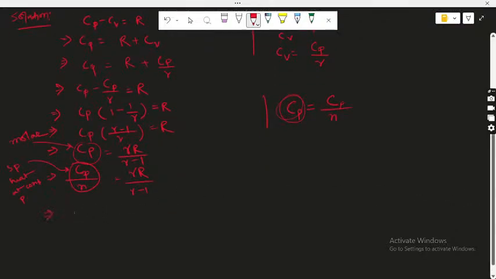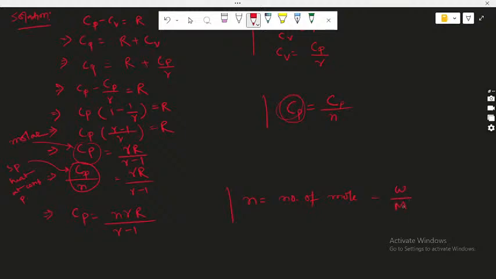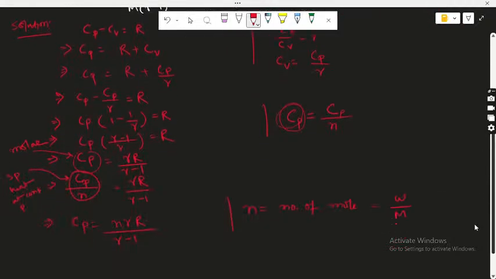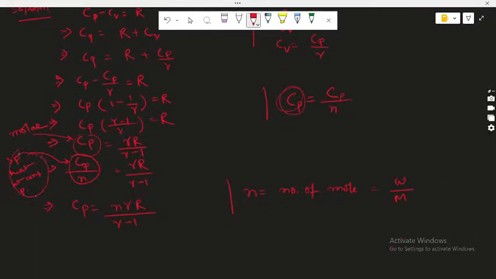So we can write Cp is equal to N gamma R divided by gamma minus 1. What is N? N is number of moles, that is given mass by molar mass. Now the molar mass is M, and since we are finding the specific heat at constant pressure, W, that is the given mass, will be 1 gram, right?